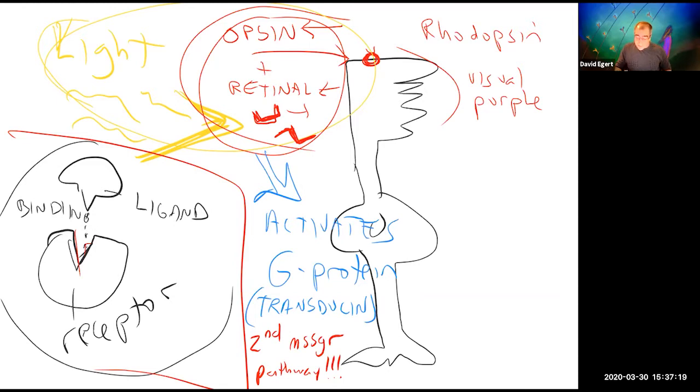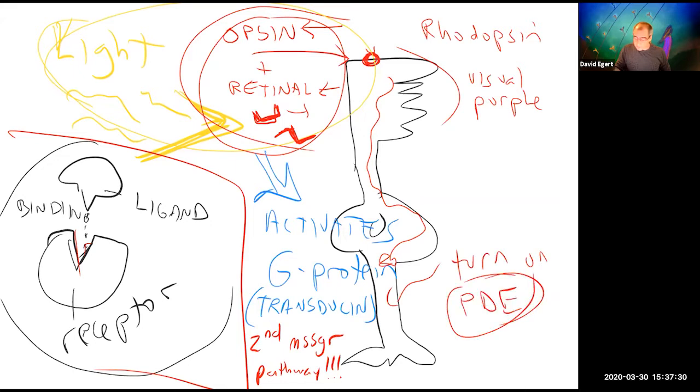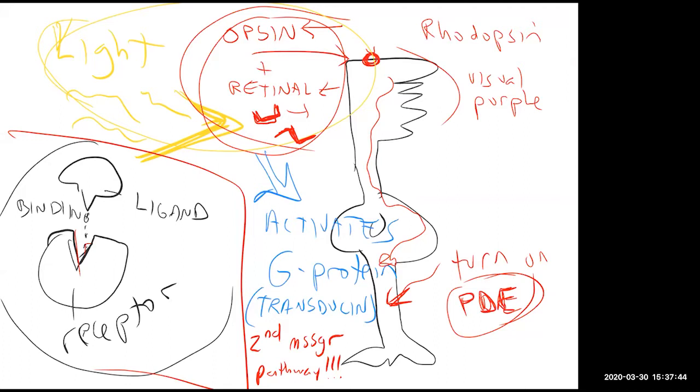In this case, the second messenger pathway is going to start a whole chain of events that's going to ultimately turn on phosphodiesterase down in the cell. What does phosphodiesterase do? PDE. We met that in the first week of class. It breaks down the cGMP that holds the sodium channels open.